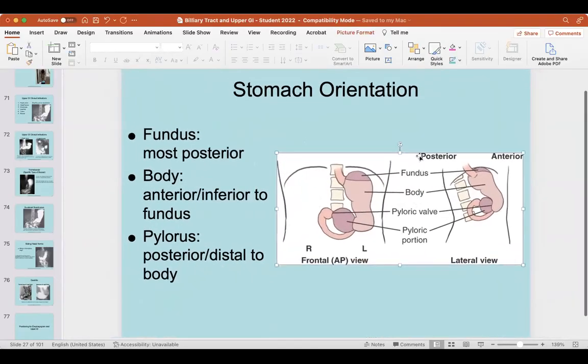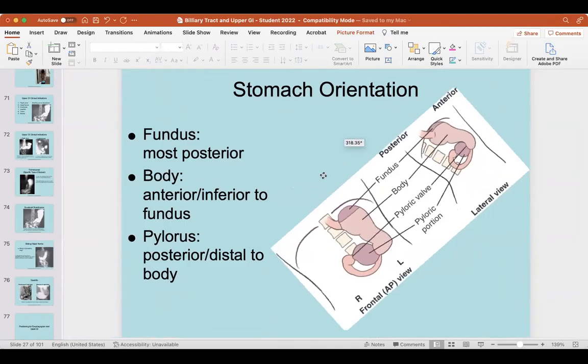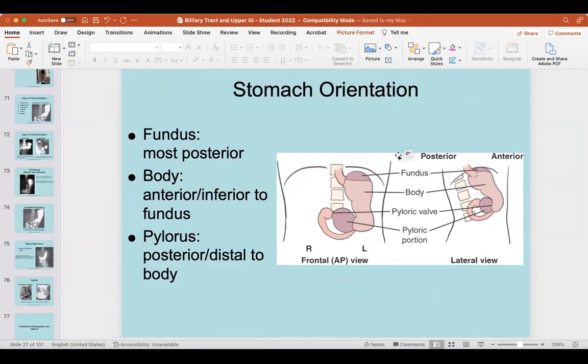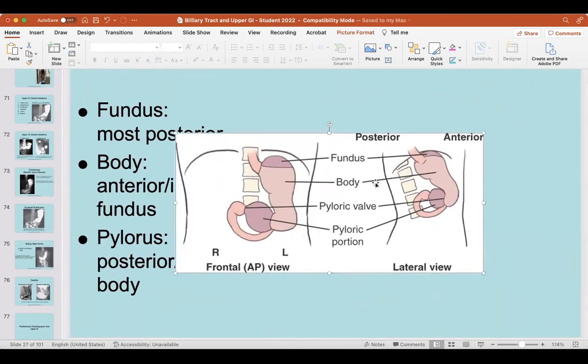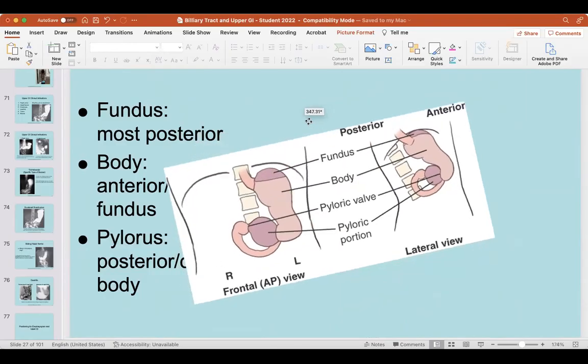So if I take this image, okay, remember, this is the patient's back, and this is the patient's tummy, okay? Now, I'm going to turn this patient on their back, okay?